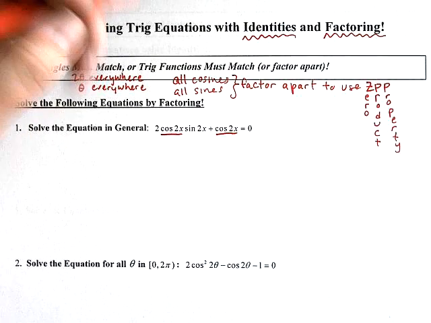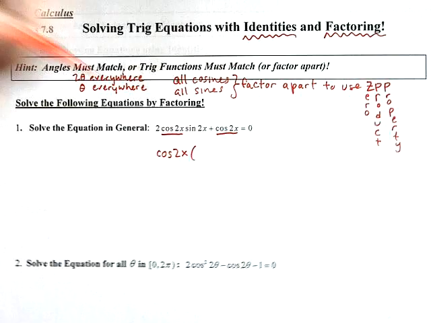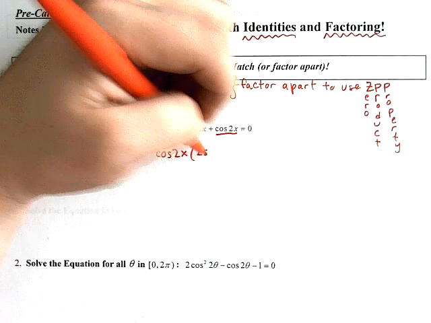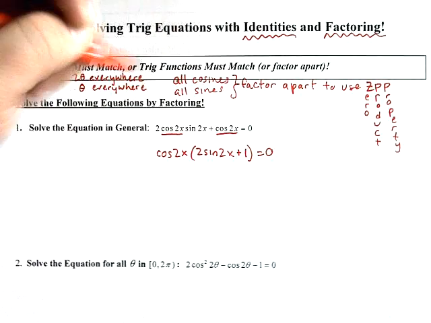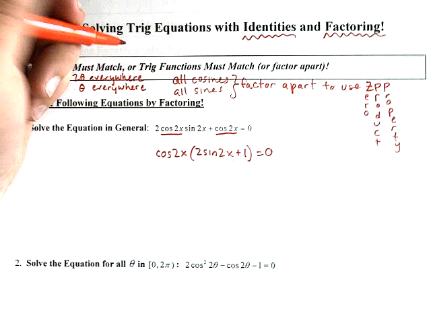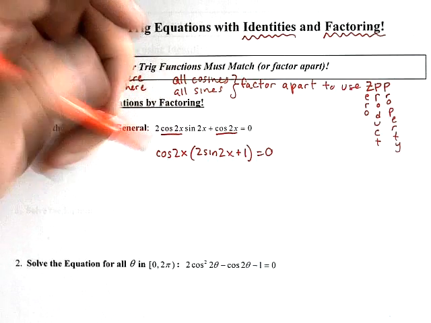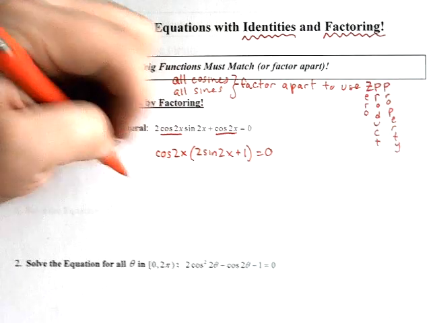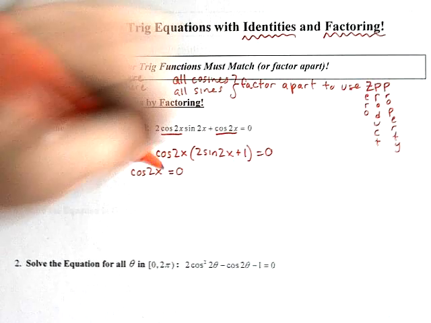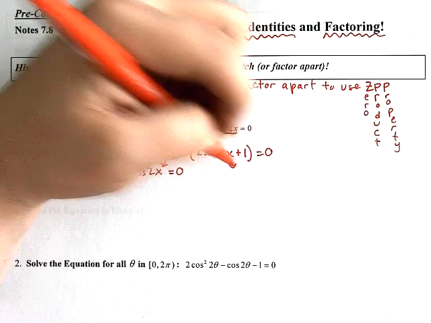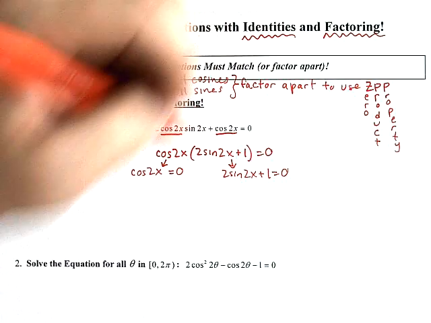And this will be nice, because when I factor out that cosine 2x, I'm left with 2 sine 2x plus 1 equals 0. This is what I want, because now, just like what we did back in chapter 2, I can use the zero product property and say the cosine of 2x has to equal 0, and 2 sine 2x plus 1 must equal 0.